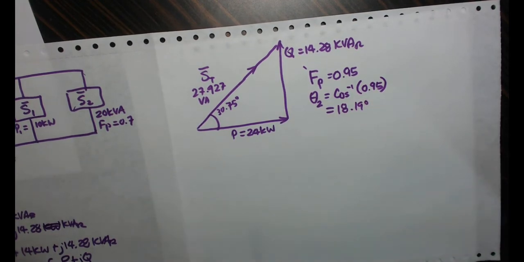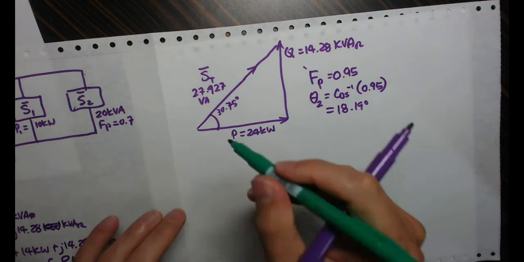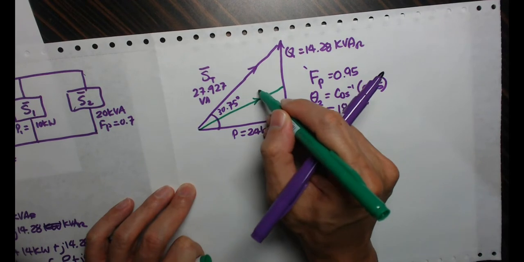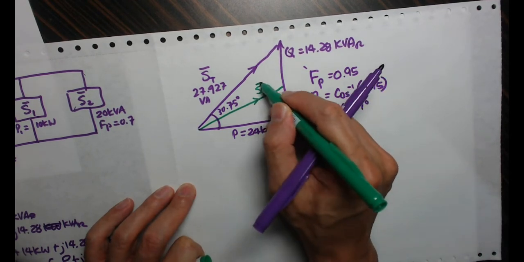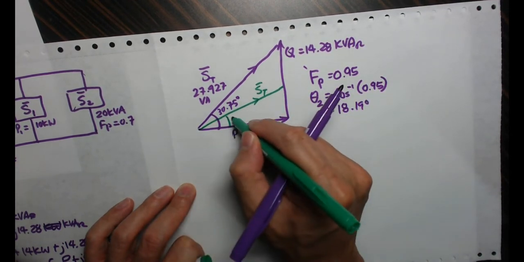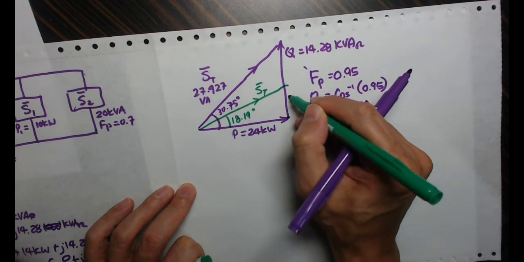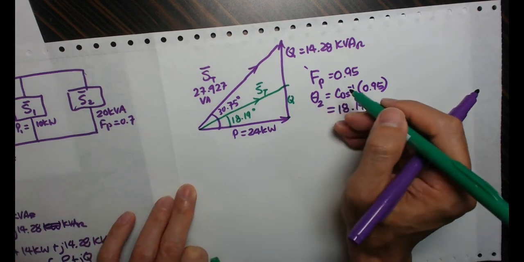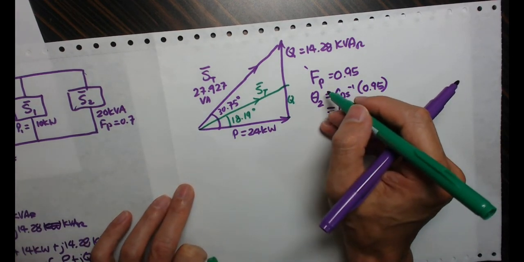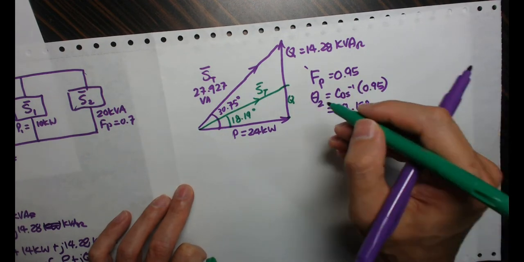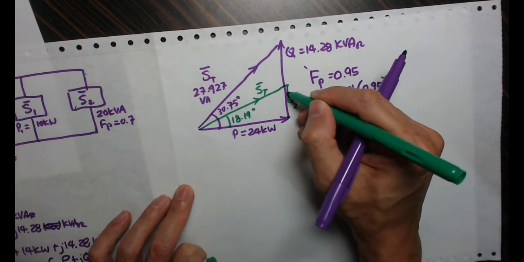In other words, in order for me to improve the power factor, I need to find a way to reduce and form the new ST so that this angle is 18.19 degrees with a new Q1 here or Q2 here, right?